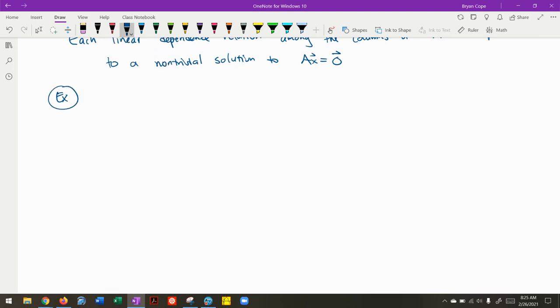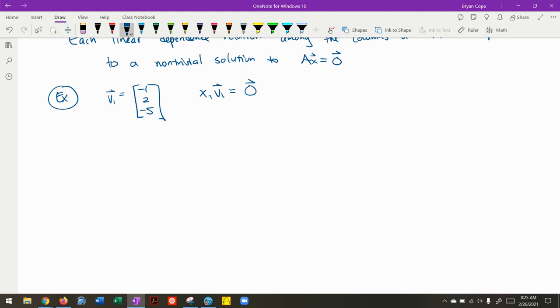Okay, so suppose we have the vector v1, I'm just totally making this up, (-1, 2, -5). A random vector in 3-space, or any random vector in any space. Is a set of one vector linearly independent or linearly dependent? Well, you ask yourself, what is the solution to x1 v1 = 0?